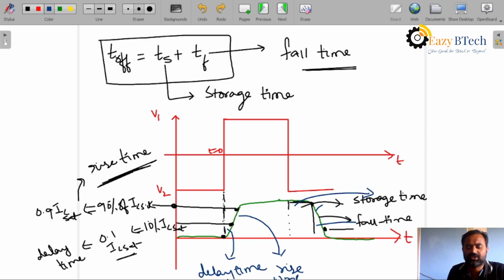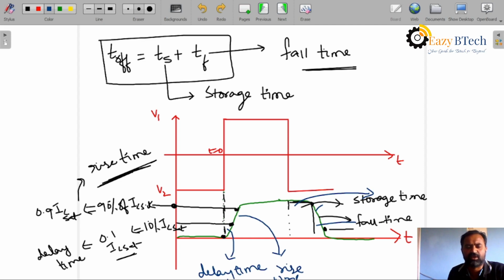To move the state from on to off, the storage time plays an important role. During the forward bias, charge carrier injection takes place. These injected charge carriers' resultant sum must be equal to 0.